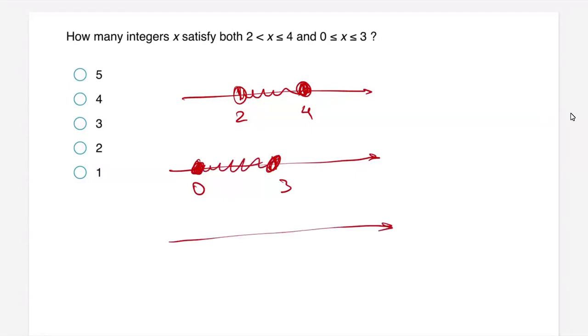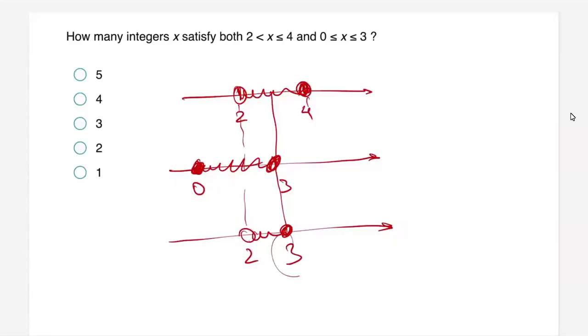So the intersection, oh my God, I'm starting failing. 2, 3.